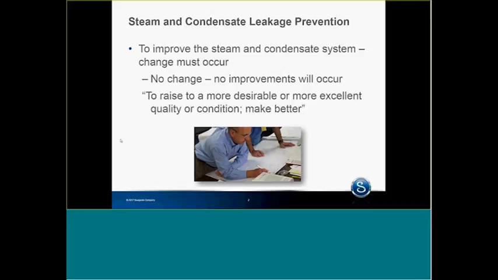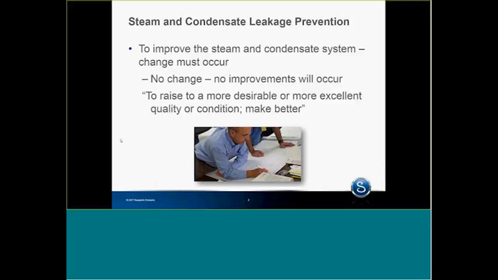What we did in the steam and condensate system 5 years ago is not what we do today. What we did 2 years ago is not what we do today. We continue to change to make improvements, increase reliability and production, reduce energy costs, and reduce emissions.